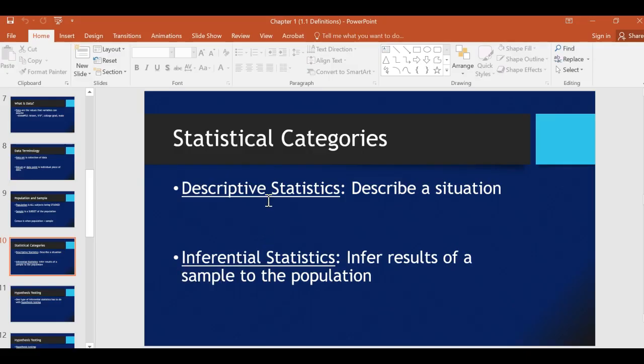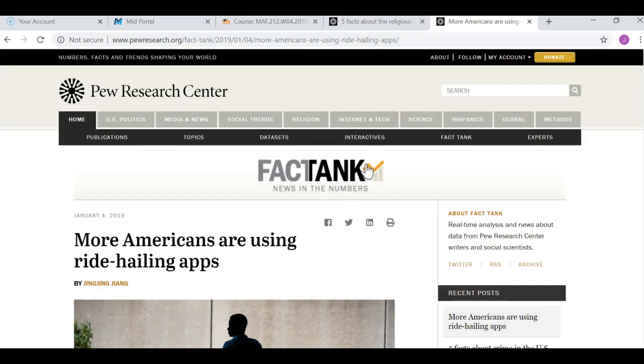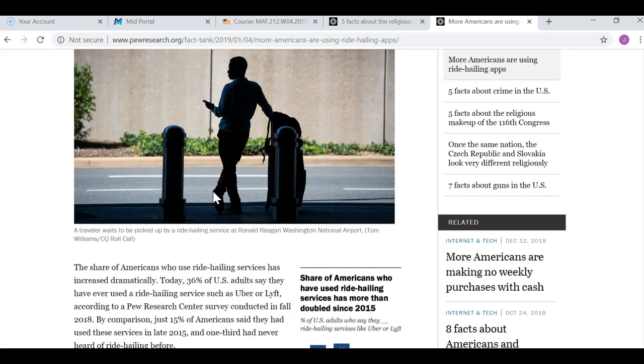Let me highlight that distinction by taking a look at a couple of polls that were done, and these are hot off the presses as I'm doing this video. I went to the Pew Research Center. You can Google this, and there's the website you can go to. Right off the top page, they had two different studies. They said more Americans are using ride-hailing apps, things like Uber and Lyft.